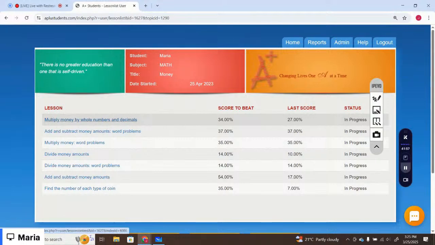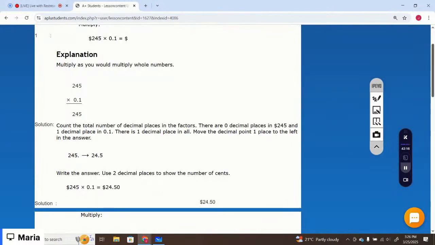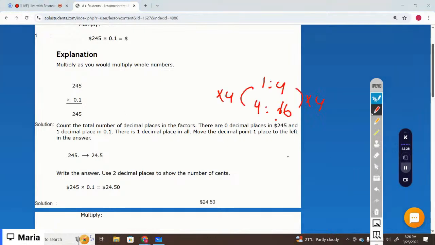The lesson is multiply money by whole numbers and decimals. 245 times 0.1. So basically you need to count the total number of decimal places in the factors. 245 has 0 decimal places, and 0.1 has only one decimal place.